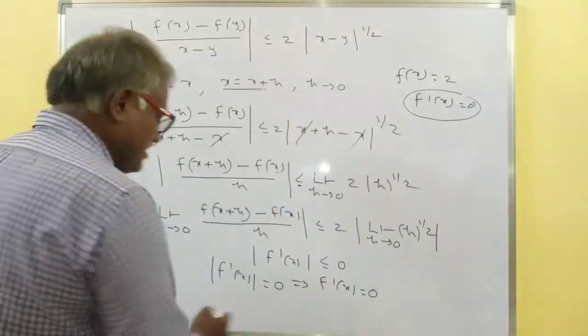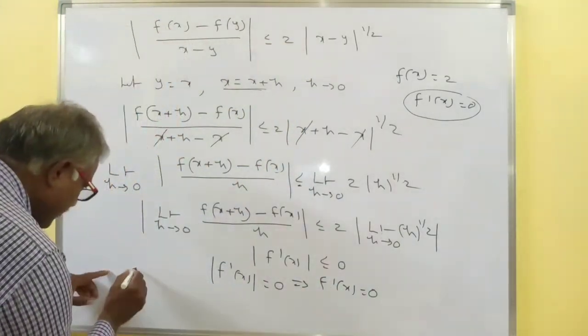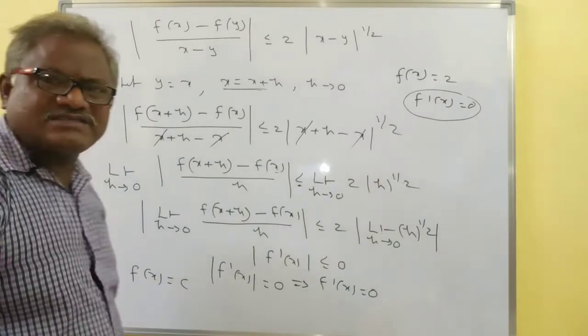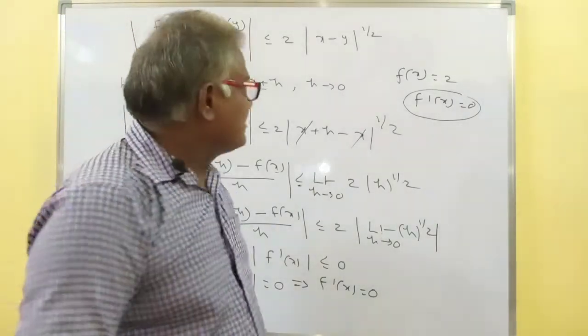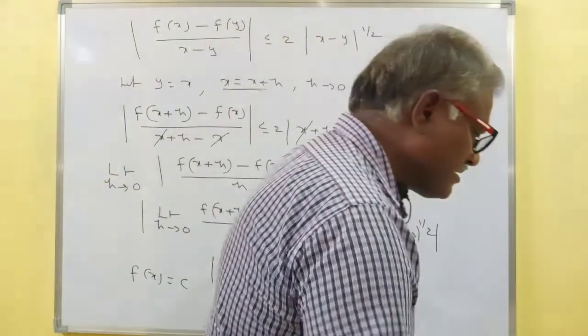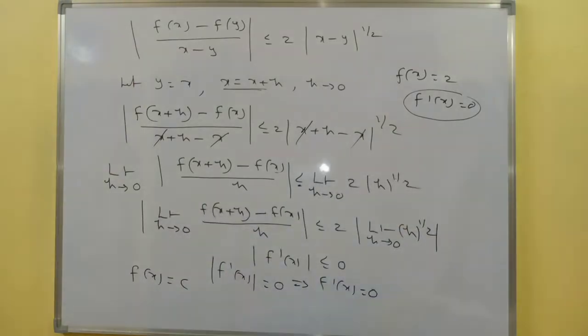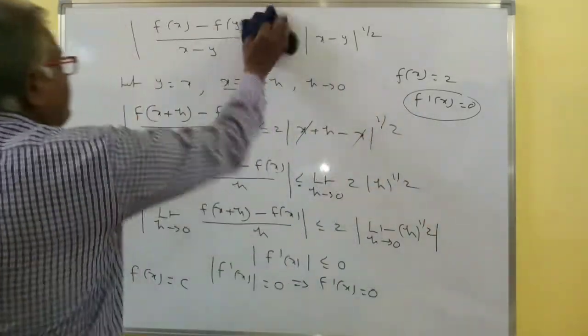So clearly f of x is equal to c, that is a constant function. Now what is given in this one? f of 0 is equal to 1.